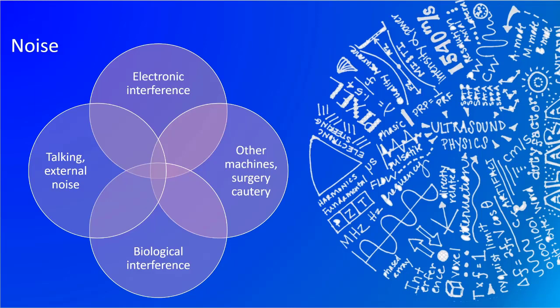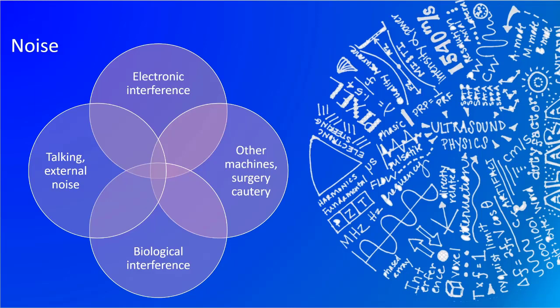Because it was not true anatomy, it is considered an artifact. So just be aware that there are external sources of artifacts as well, and sometimes you have to change transducers, turn other machinery off, or ask the patient to stop talking, because that can interrupt some of our information as well. And that is the end of artifacts.